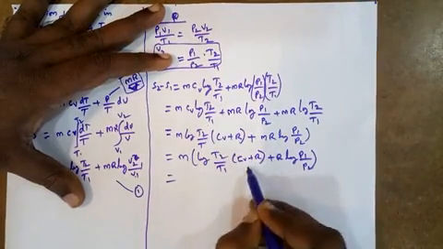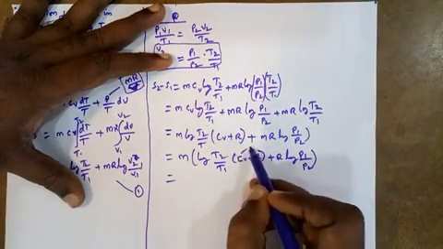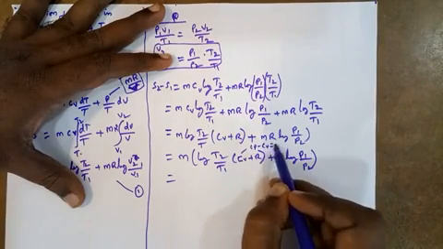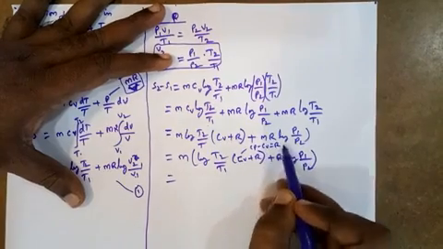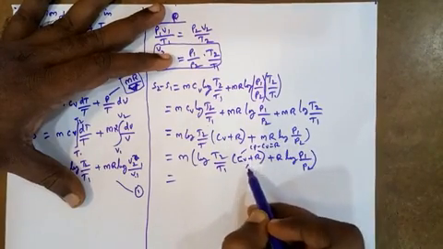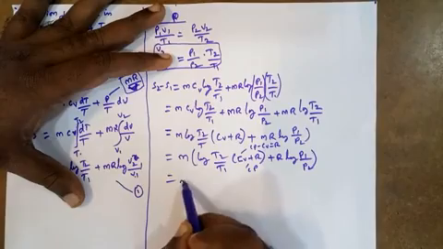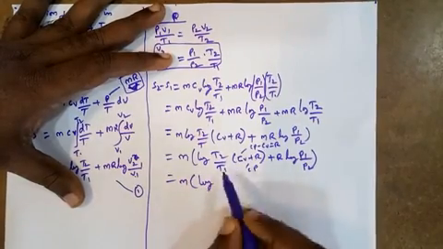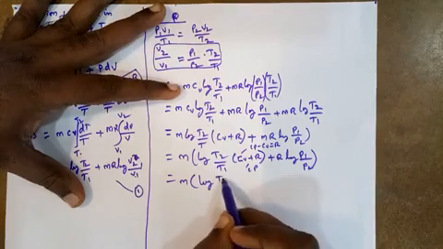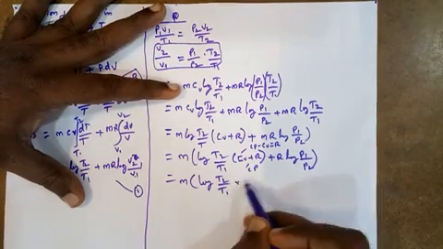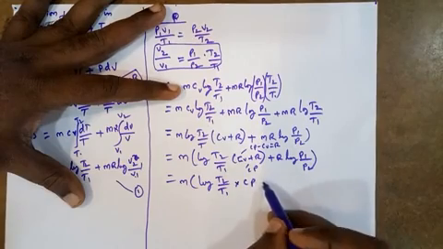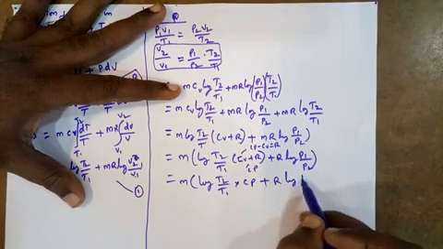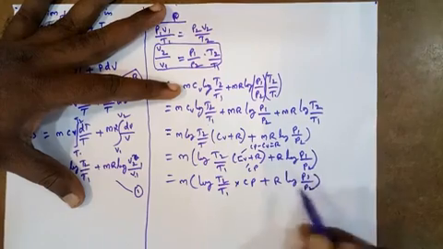This is Cv plus R. By using the relation Cp minus Cv is equal to R, that is R plus Cv is equal to Cp, it is log T2 by T1 into Cp plus R log P1 by P2.